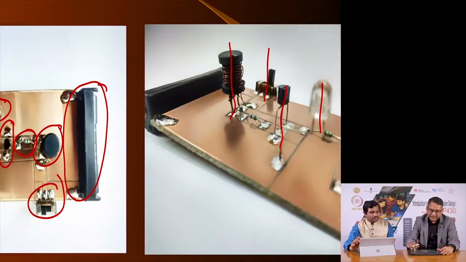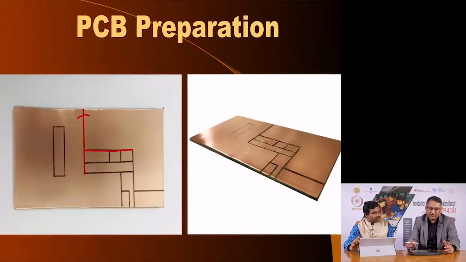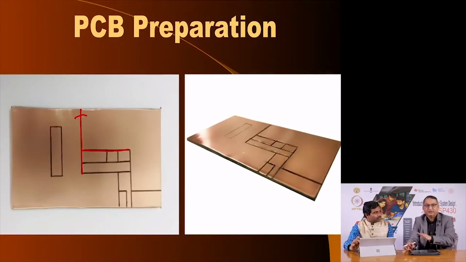Now, in this particular case, we used a single sided board, meaning that copper was available only on one side of the PCB, the other side was blank. But you also get PCBs called double sided PCBs, which means you have copper on both sides.